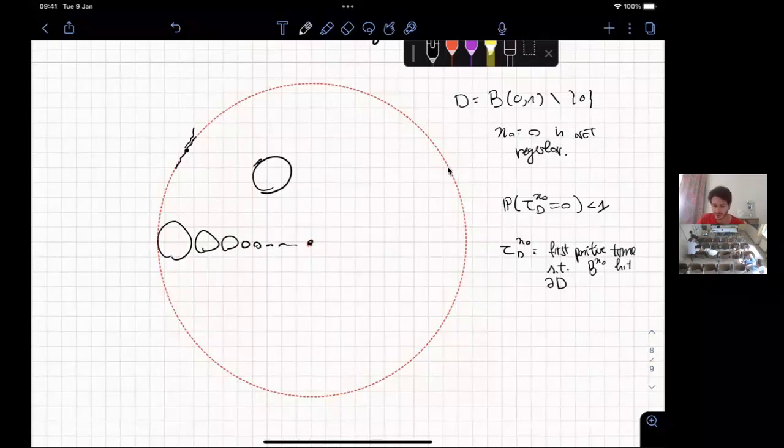a not regular point. Or another thing, which is actually related to the fact that things change depending on the dimension, is, for instance, taking a domain like this. This is another, let's say, quite counterintuitive result.